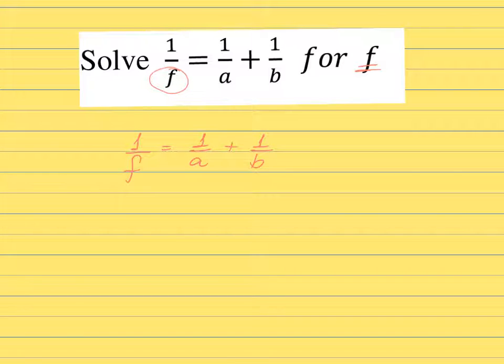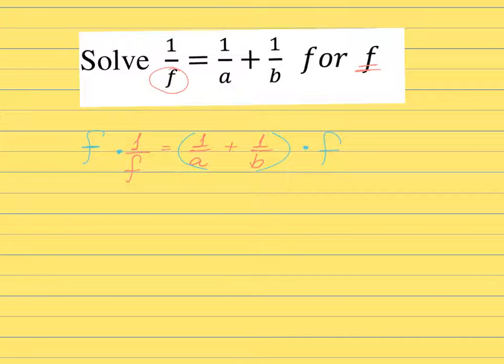Oof, the ones that we were isolating before, the terms were in the numerator. But now we have a term that is in the denominator. So what do I have to do? You're going to put that in your numerator. How are you going to do that? By multiplying by F. Whatever you do in one side of your equation, you have to do the same on the other.